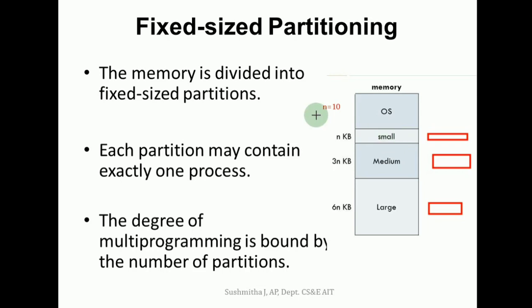Now let me say I have a process, I say process P1, it is of 5 KB, and I have process P2 that is of 20 KB, and then I have process P3 that is of 45 KB.